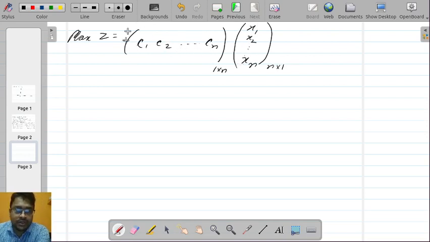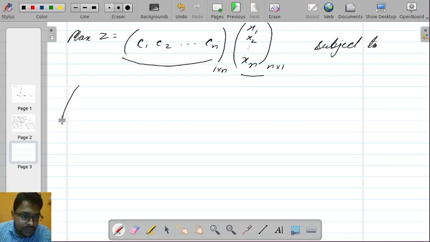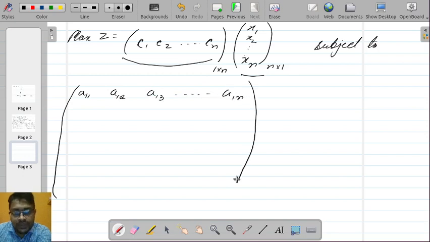So this objective function, we can write it as the cost matrix or cost vector multiplied by the vector of the variables, okay, subject to the constraints. So these constraints also, you see, we can write as a matrix: a11, a12, a13, that way a1n, this is the first row, second row is a21, a22, a23, that way a2n, okay.